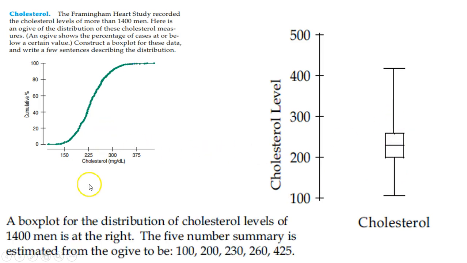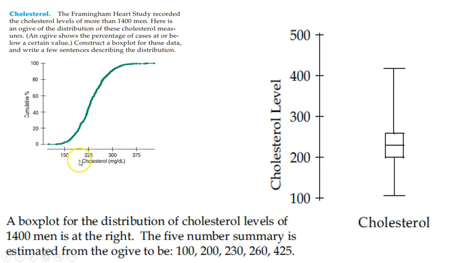It says a box plot of this distribution of cholesterol levels is right here, and the 5-number summary is estimated from this to be roughly the high and the low, the quartiles, and the median. It's just a rough estimate. You can only do so much with this.